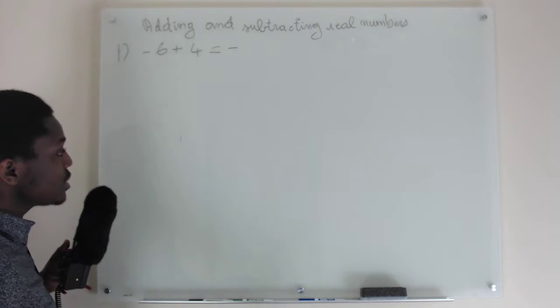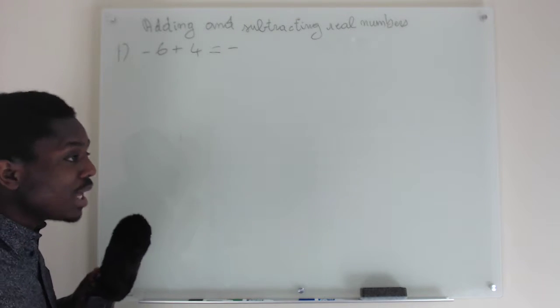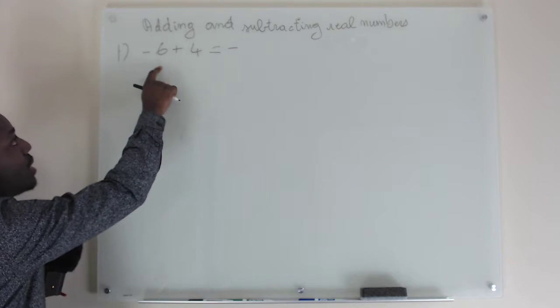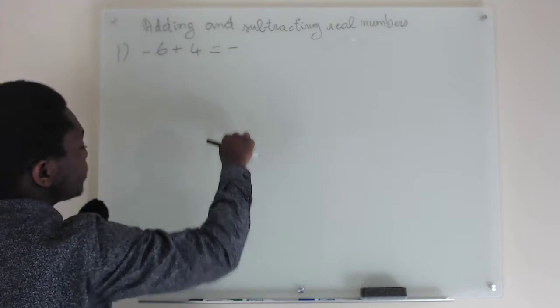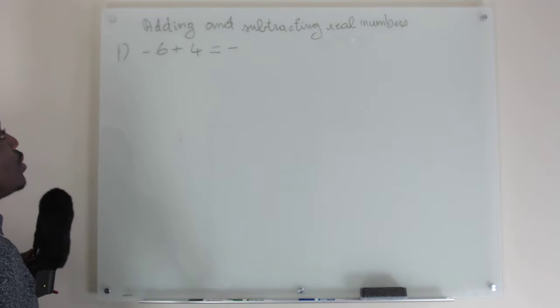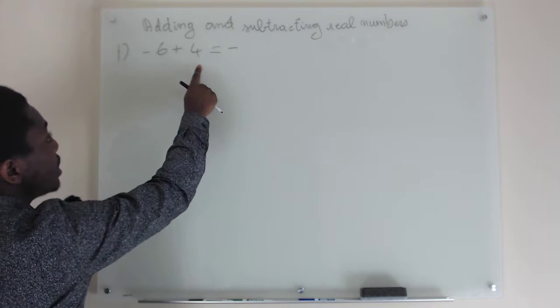We know the answer is 6. The next question is, what is the sign of the number 6? It is negative, so you put negative. So you know that 6 is the bigger number and 4 is the smaller number.